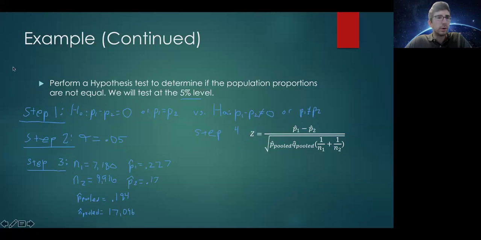All right, so step 4A, we need to calculate our Z value, which is a slightly different formula than what we've used before. So we can basically just plug everything in, right? We have P hat 1, 0.227.